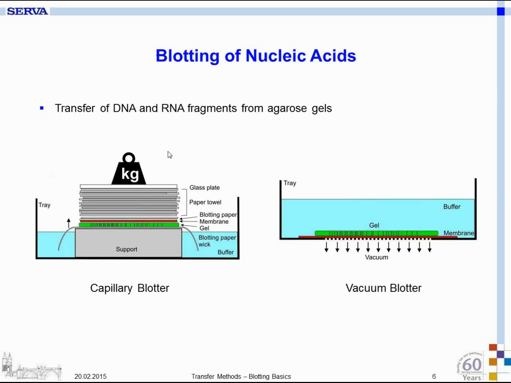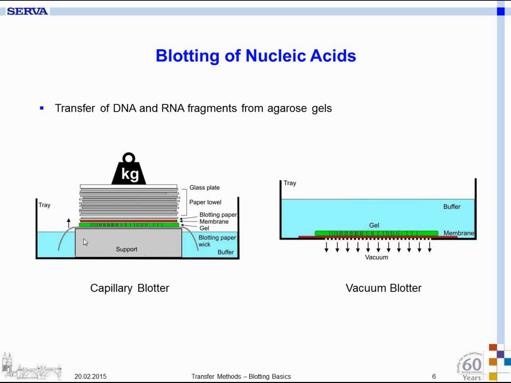So here, for the transfer of nucleic acids, on the left you see a capillary blotting setup. You have a support, and on this a filter paper which sucks the buffer out of a tank or a tray, the blotting buffer. On top of this you have an agarose gel, on top of the agarose gel the blotting membrane, nitrocellulose or nylon membranes in these cases, and on top of it a stack of dry blotting papers, and on top of this a larger stack of dry paper towels, and then a glass plate and a weight.